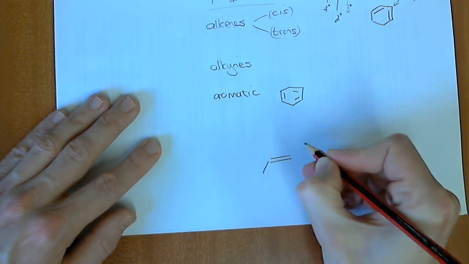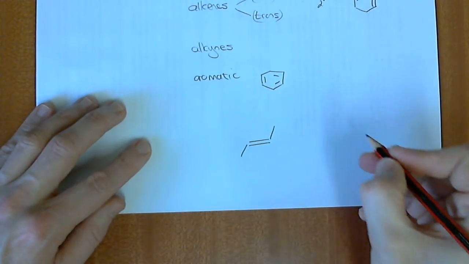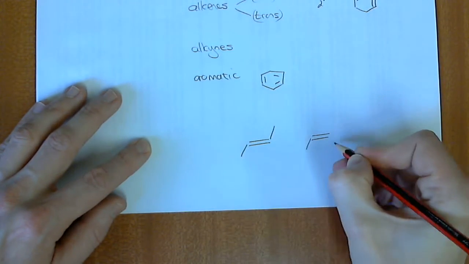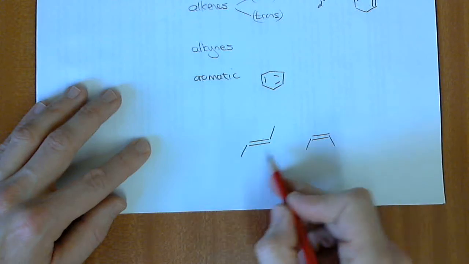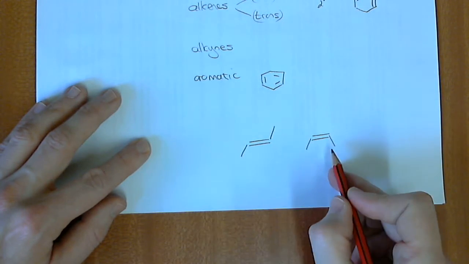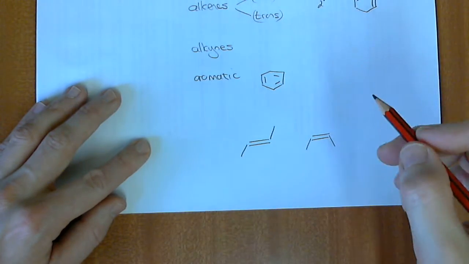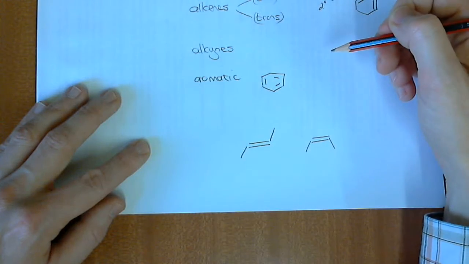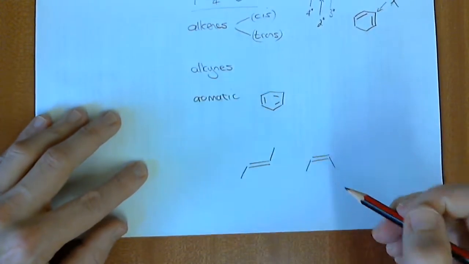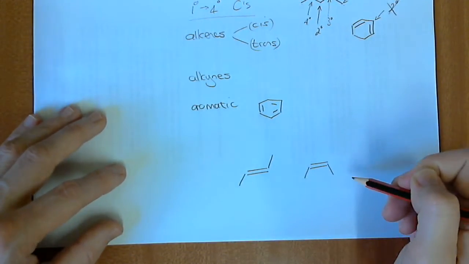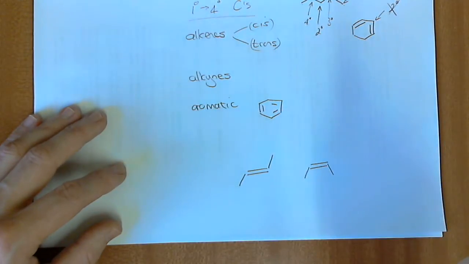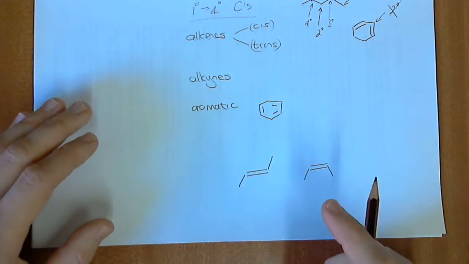As an example, this would be a trans double bond, and this would be a cis double bond. We need to be able to draw these different structures out and recognize them, because when we learn some more nomenclature in 2 weeks' time, we have to be able to do this easily, because otherwise that nomenclature is going to be very confusing to us.